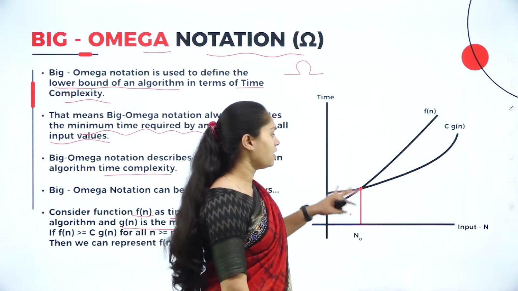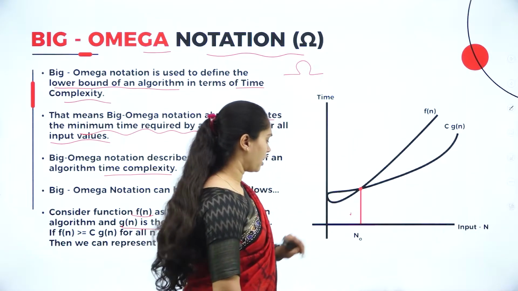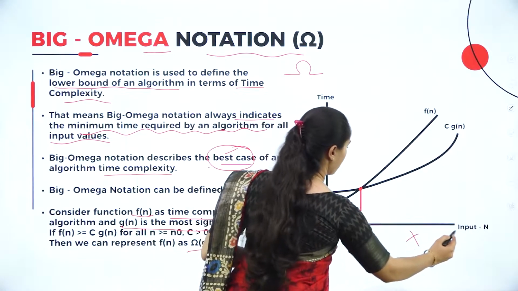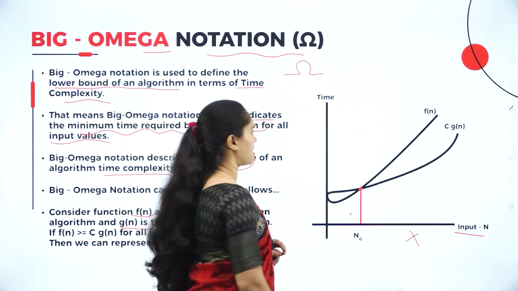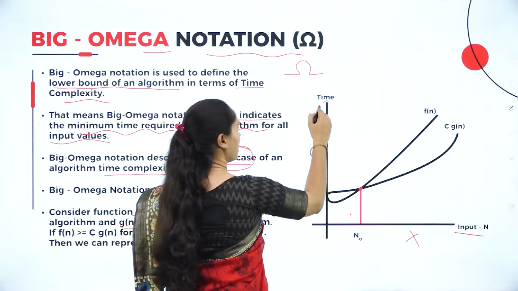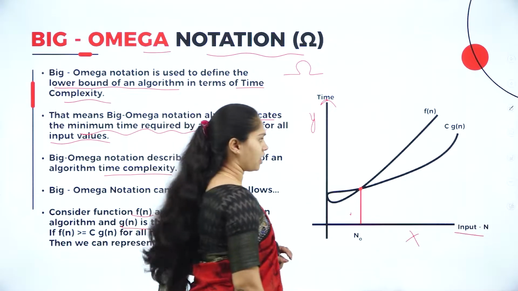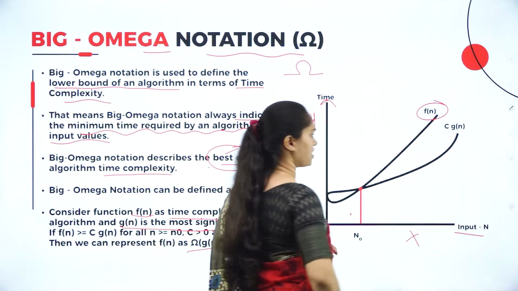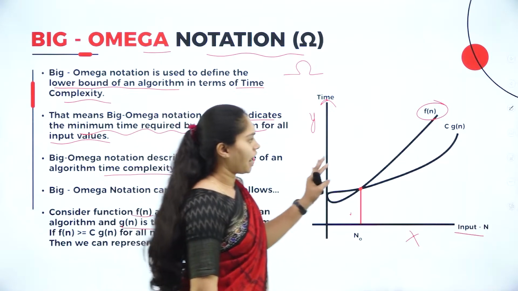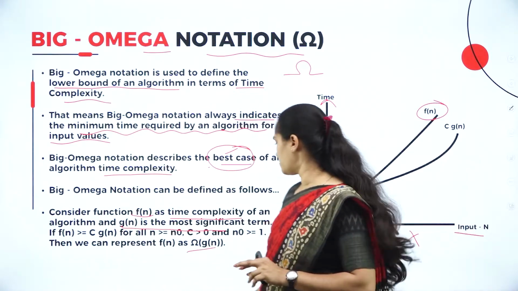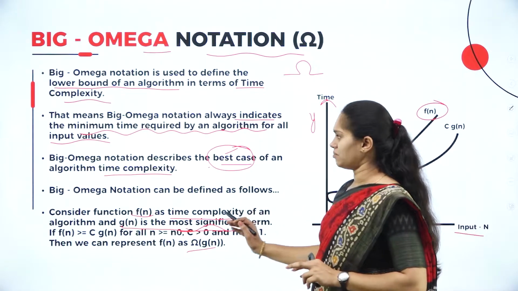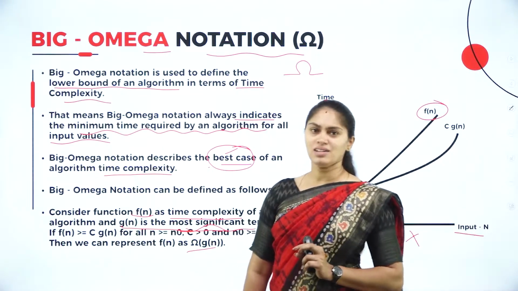The x-axis specifies the number of inputs, the y-axis specifies the time it will take, f of n specifies the time complexity, and g of n is the most significant term. This is regarding big omega notation.